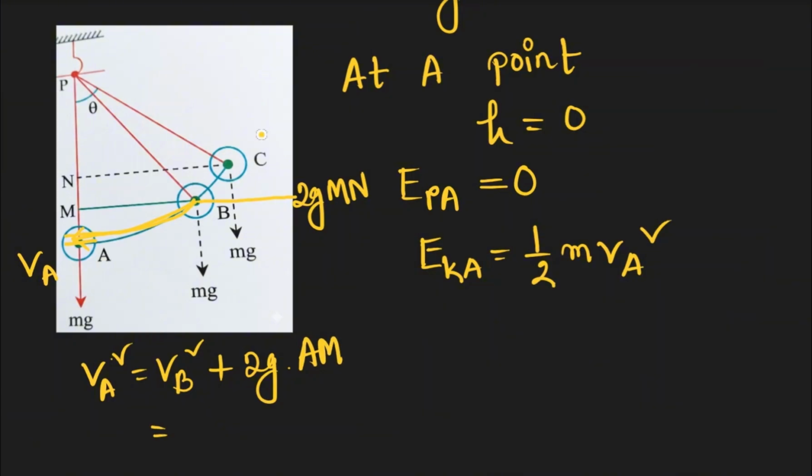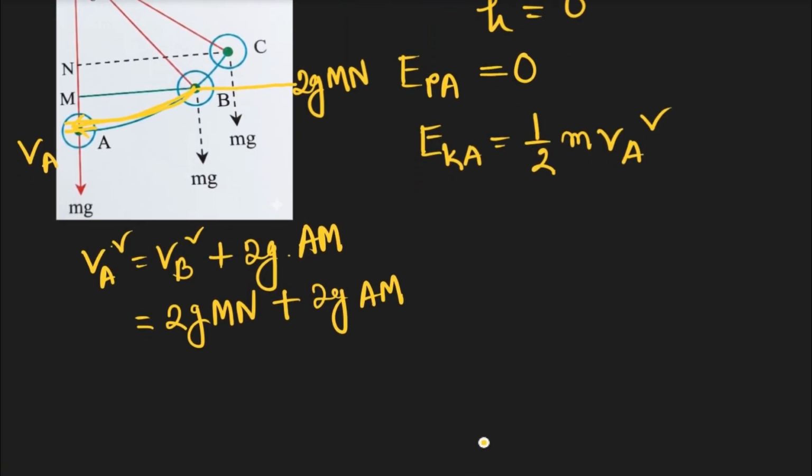So instead of VB square, we write 2g MN plus 2g AM.